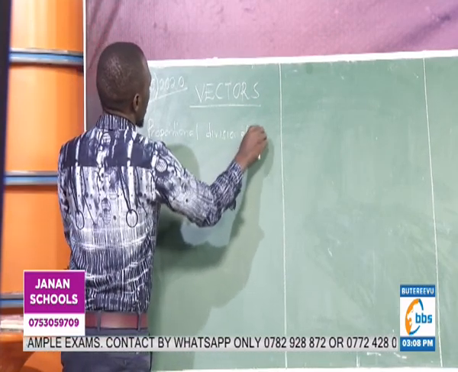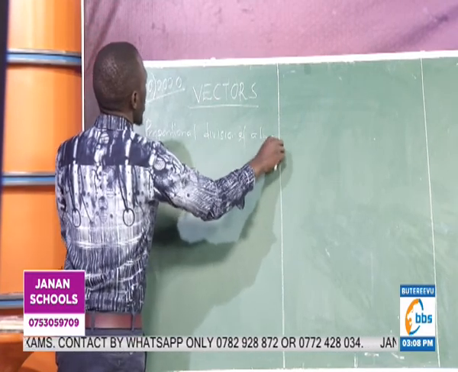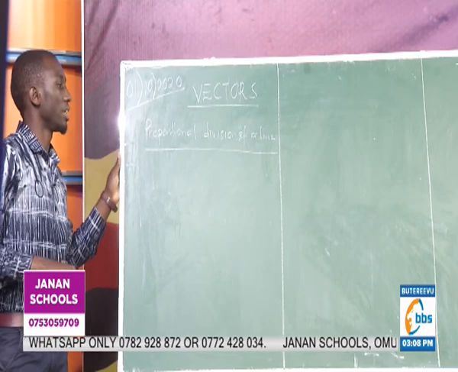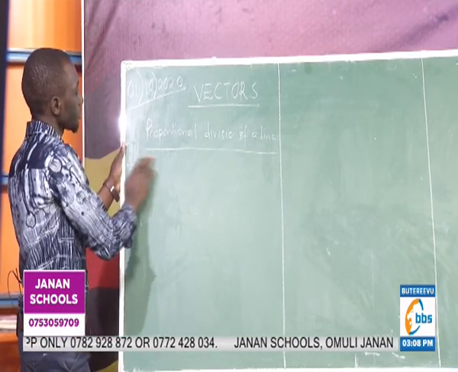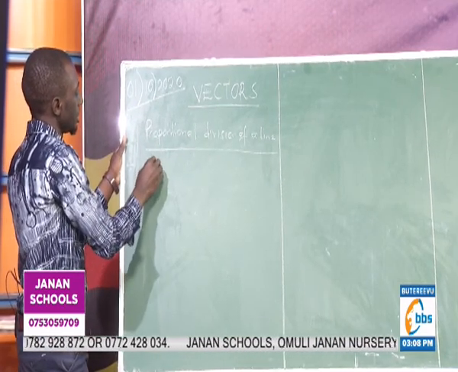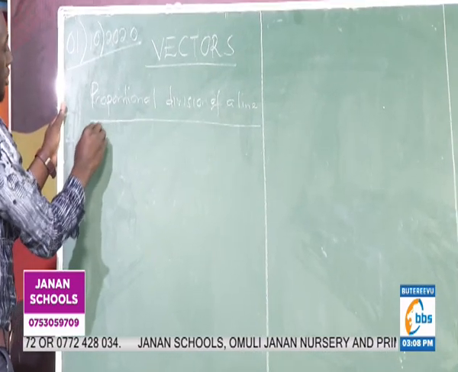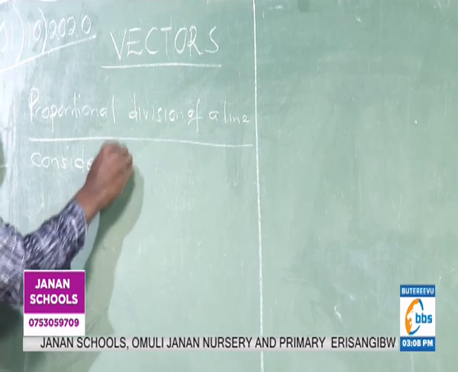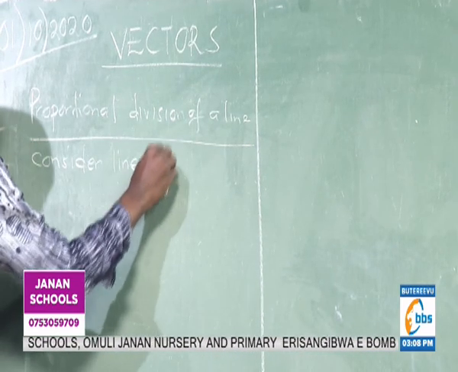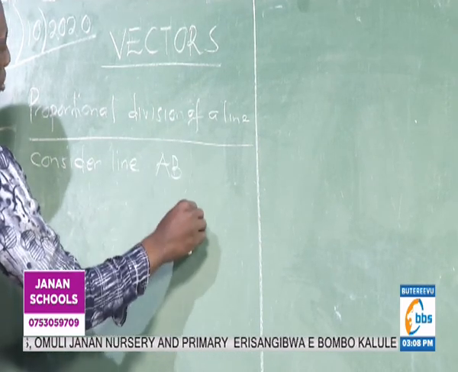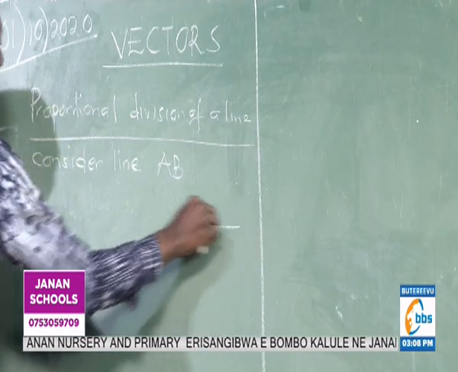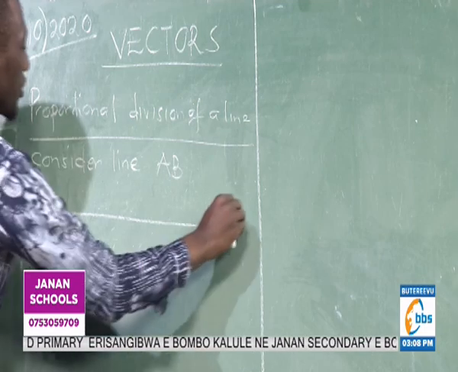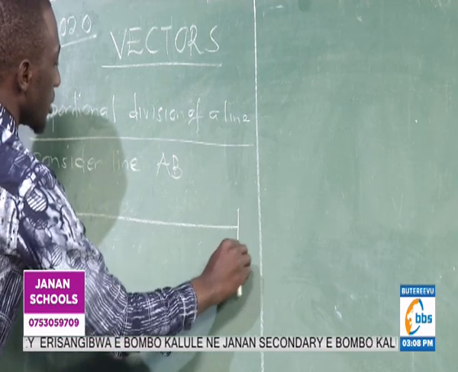Division of a line. If you want to divide a line, assume we have a line AB, with A here and B here.